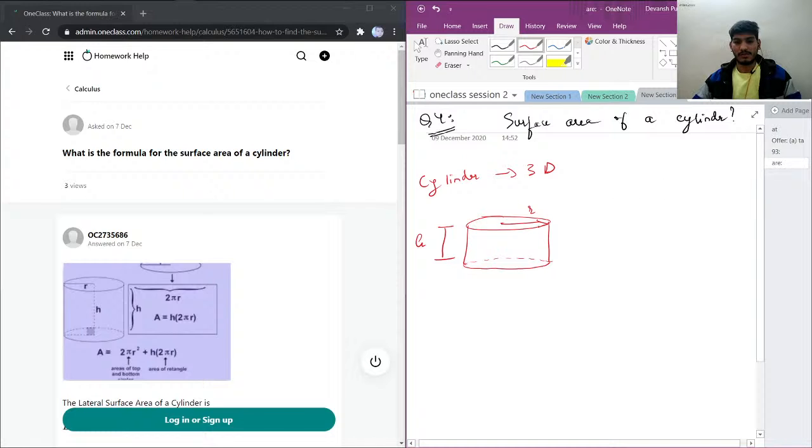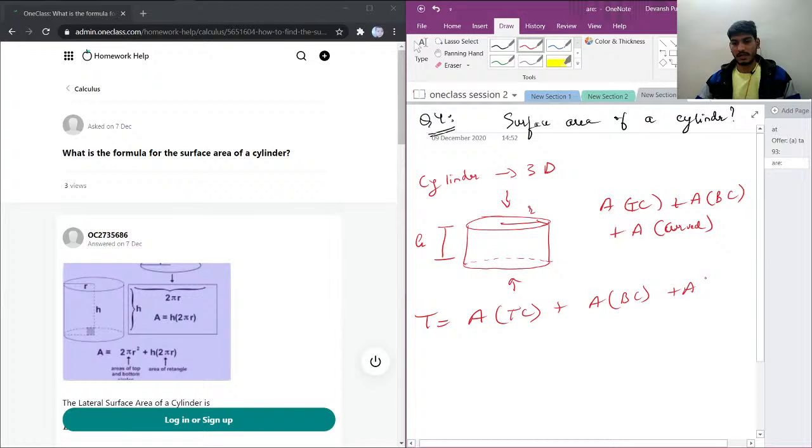The total surface area is the area of the top circle, I'll just write TC, plus the area of the bottom circle, plus the area of the curved surface.